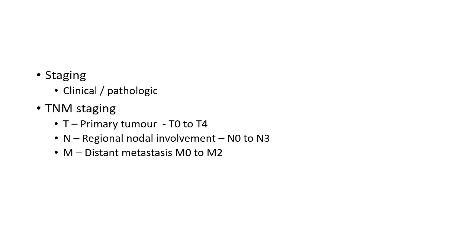In the same way, the nodes or regional nodal involvement is graded from N0 to N3, and the presence or absence of metastasis is denoted by M, which is staged from M0 to M2. Remember, T is from T0 to T4, N from N0 to N3, and M0 to M2: 4, 3, 2.